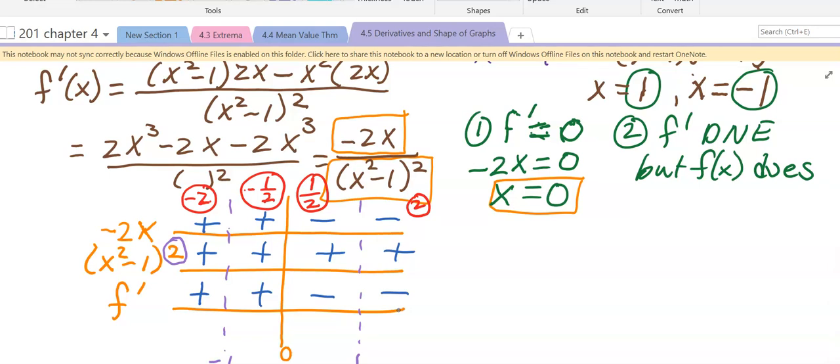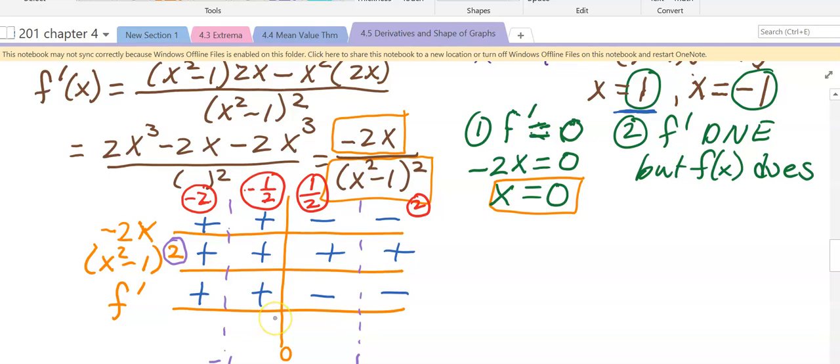We could simply have had 2 test points, one to the left of the single critical point 0, one to the right. However, when you do that, be sure you don't use the critical point or a test point that corresponds to one of the values that does not exist on the function.